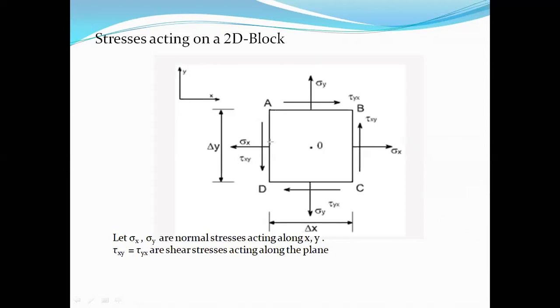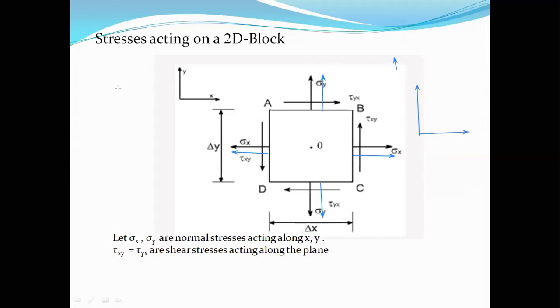Look at here. Let's analyze the stress acting on a 2D block. The stresses which are acting normal to the plane are known as normal stresses. These are all called normal stresses. This is one direction and this is another direction.